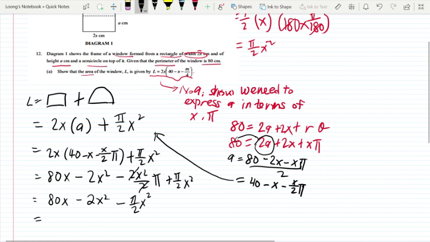And this can be further simplified by taking 2x out as a common factor. So what we're left with is something like this. We already managed to show it, so we could write the word shown beside it.